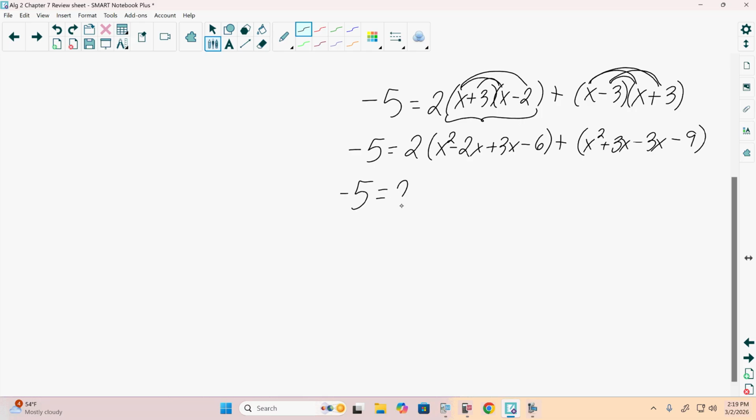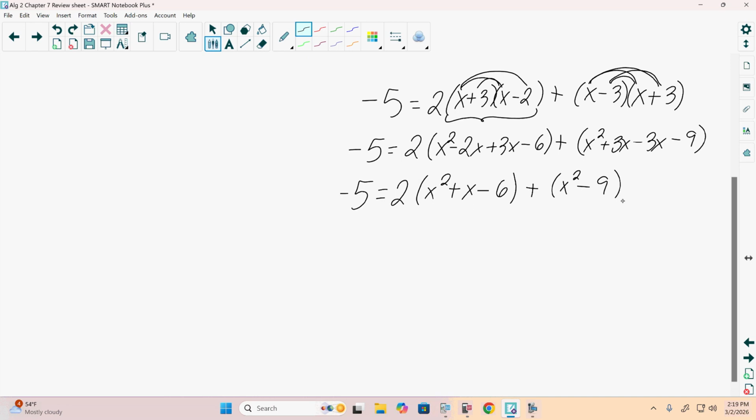Now we're going to combine like terms. Our -2x and positive 3x in that first set of parentheses will combine to give us positive 1x. In our second set of parentheses, the positive 3x and -3x will combine to give us 0.